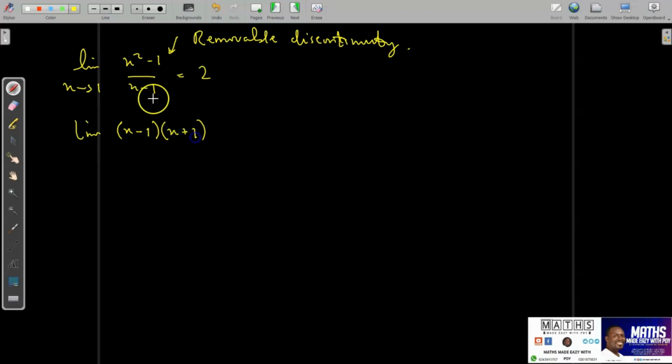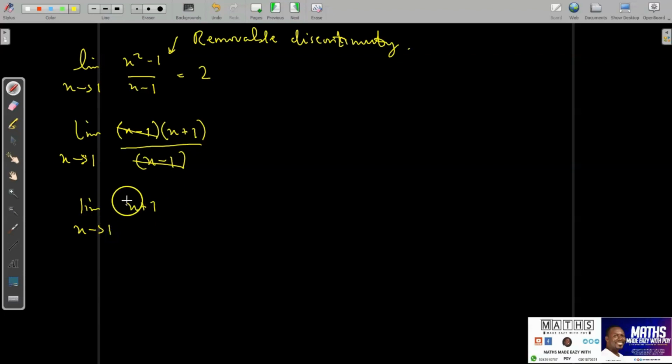Thank you. So plus, because this is a difference of two squares, all divided by x minus 1 as x approaches 1. So ideally, x minus 1 here can do away with x minus 1. Do you agree? Yes. So it is the limit of x plus 1 as x approaches 1.